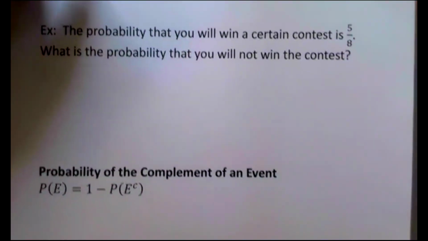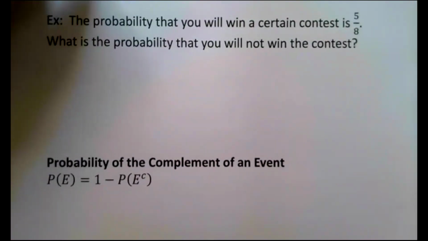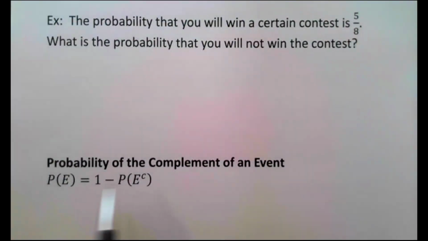Let's move on to a different type of problem for the last part of class here. We had mentioned at the very beginning something about the complement of an event. We had a formula like that.